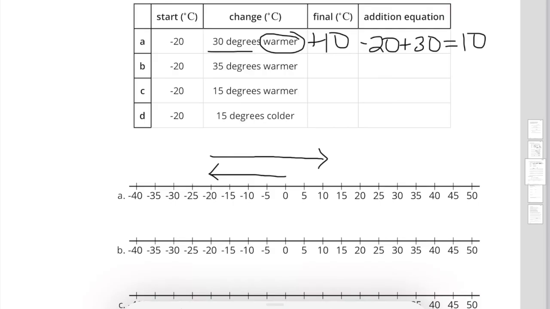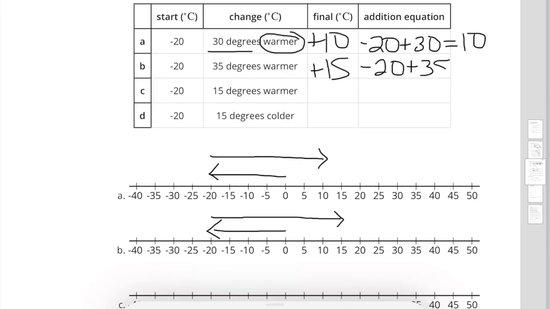B, 0 to negative 20. My arrow's terrible. 35 degrees. Warmer means to the right. So there's 10, 20, 35. So I end at positive 15. So my equation is negative 20 plus 35 equals 15.